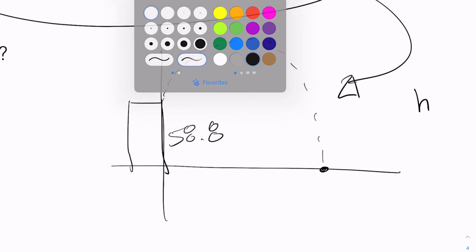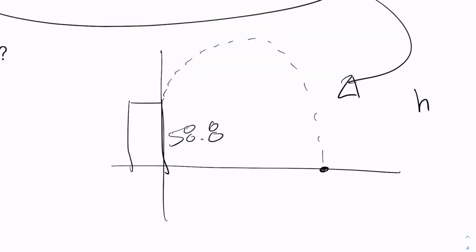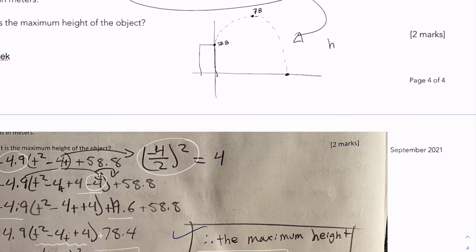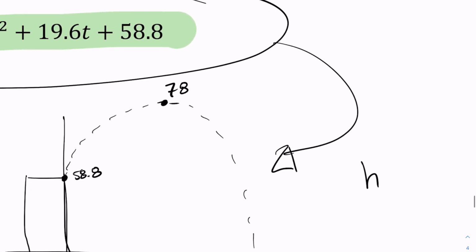The question's asking, at what point will it fall below 45? Remember that it starts at a height of 58.8. It reaches a maximum height over here of 78.4, and that's after 4 seconds.